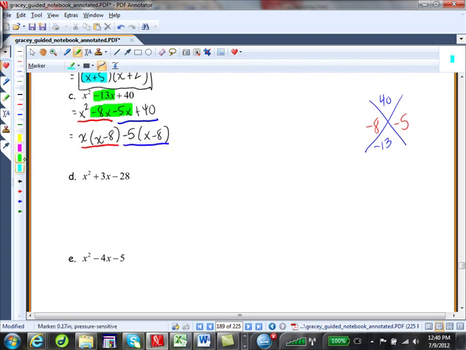If you made your x correctly, then you'll be able to factor it. Don't force the x though. If there's no two numbers that make it work, you might have a prime polynomial. Now when we factor out the binomial x minus 8, we're left with x minus 5, and we are done.